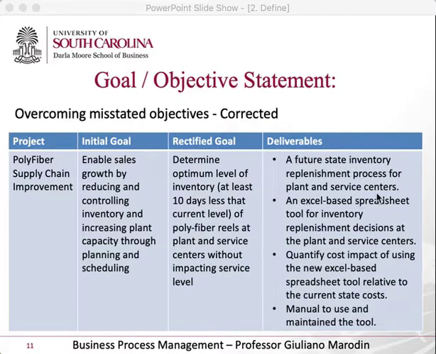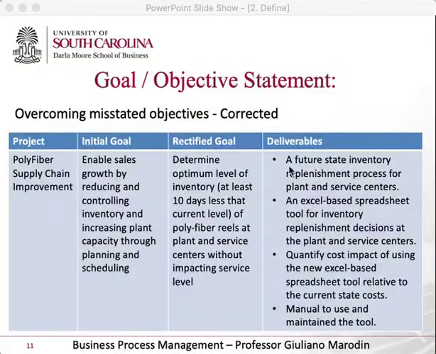And then there were some deliverables for that project as well, that we were able to highlight. These are the things that you actually need. Future state inventory replenishment process. So that's the X variable that we're changing. We changed the process. We want to remember, X and Y variable. So Y variables were inventory and service level, right?